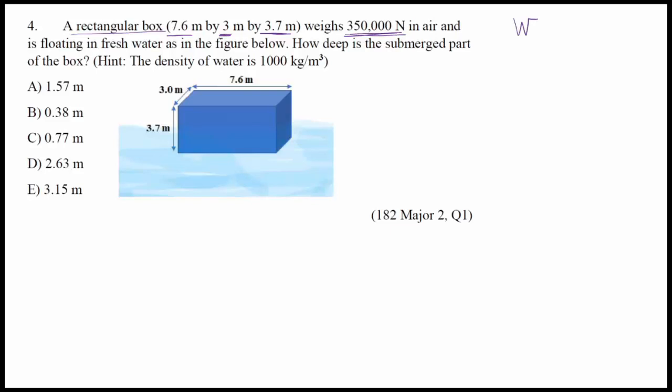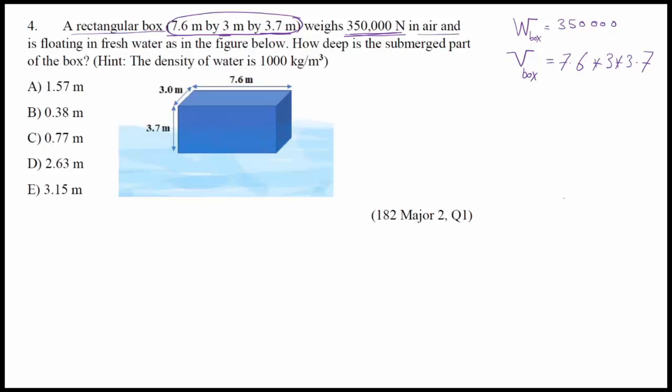So now you know the volume. These are the dimensions, so you can calculate the volume of the block: 7.6 times 3 times 3.7. If you want to find the density, you can find it.